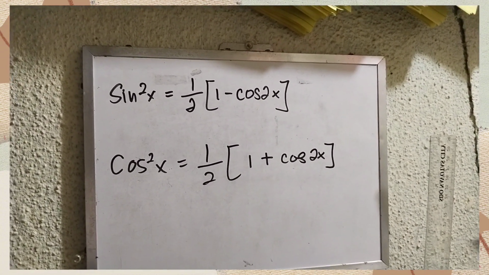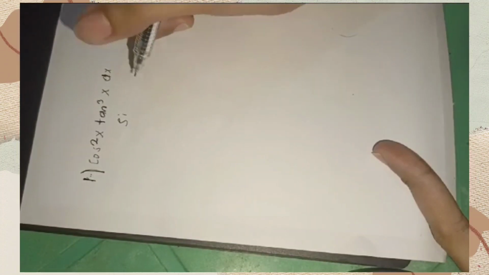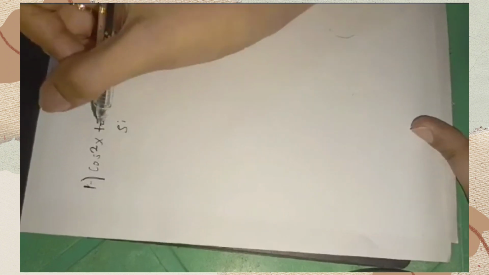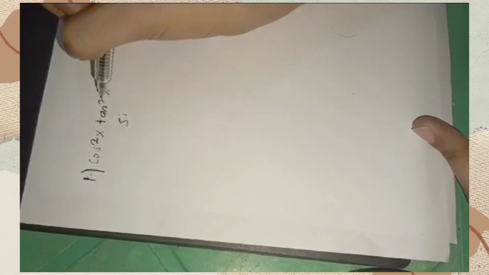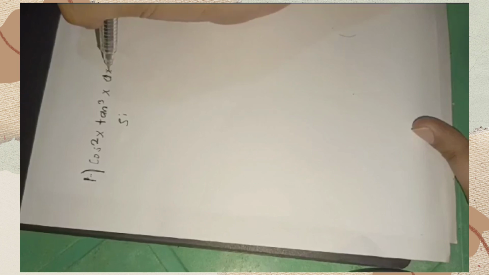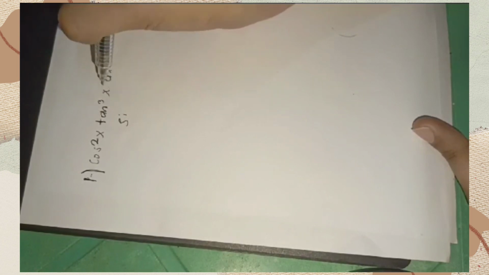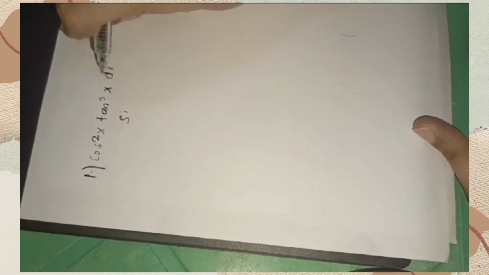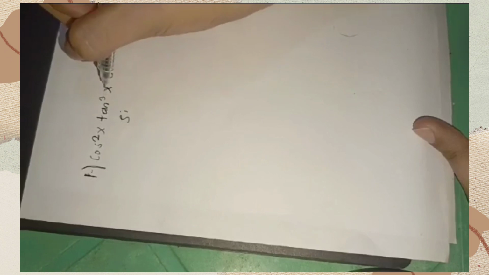So let's have examples. Here is our first example in trigonometric integrals. We have the integral of cosine squared x tan cube x dx. We must think of the easiest way to solve this problem so that the solution does not become too long. So we need to expand tan cube.